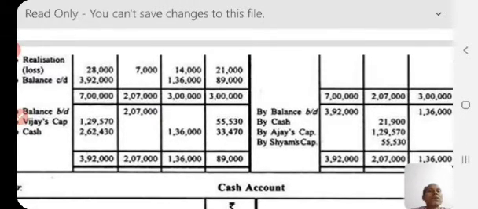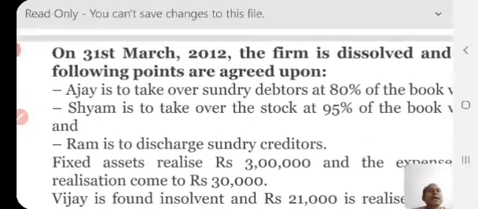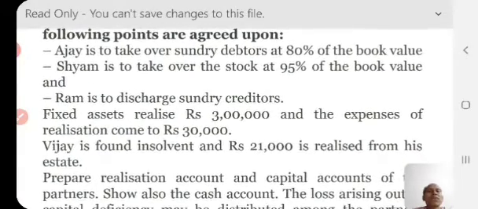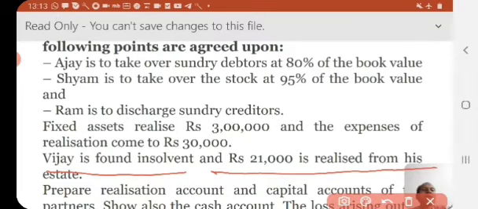One thing we should record, that one partner is insolvent. Who is that partner? See, here it is clearly mentioned that Vijay is found insolvent. Vijay is found insolvent, and 21,000 is realized from his estate.